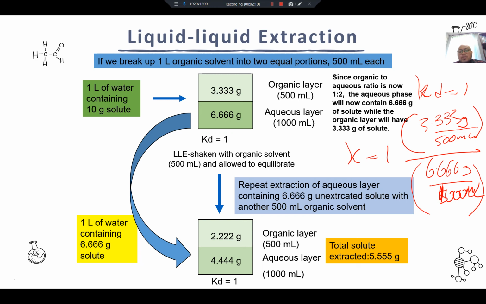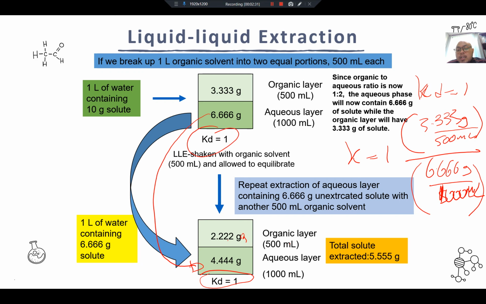See. So over here, then you take another 500 ml. The raffinate over here you put over here. Then you extract again and you get 2.222 gram. Again, if you don't believe me, you can divide 2.2 over 500, 4.44 over 1000. You divide that, you still get KD equal to 1. KD should be constant.